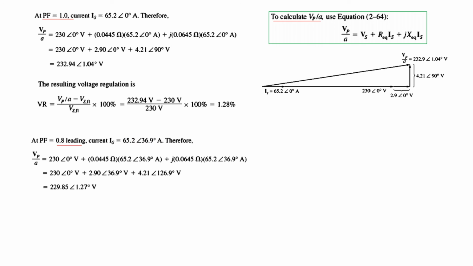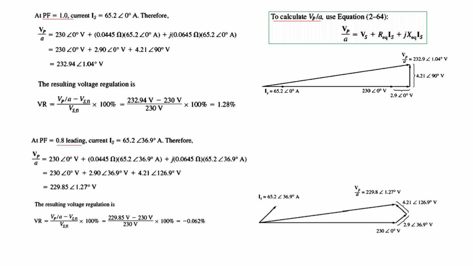Now the current is positive, showing leading, and again following a similar technique, we find VP/a to be this value given, and now we can calculate the voltage regulation. Plugging in the values, you can see that the regulation is now negative. This generally happens when the load is capacitive, and as we have mentioned, this should be avoided, not desirable.